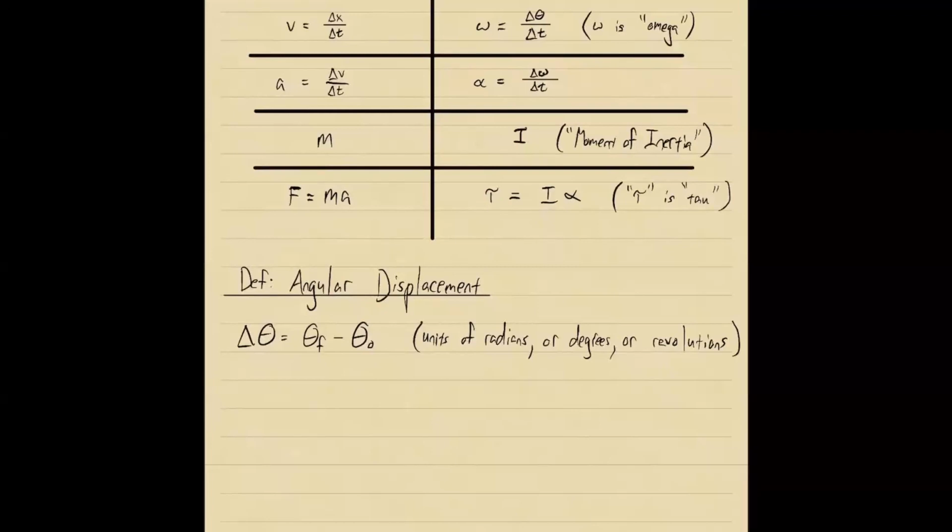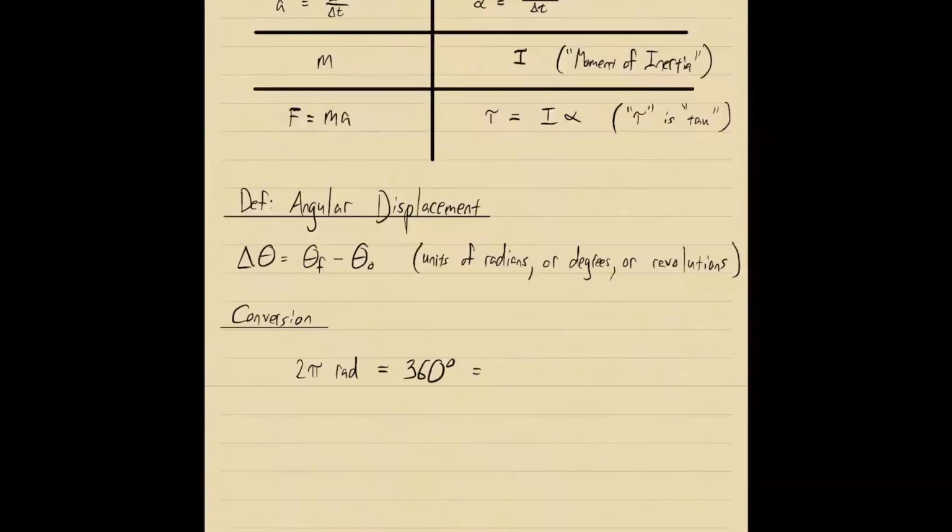So the conversion factors: we have 2 times pi radians is equal to 360 degrees, and that's equal to 1 revolution.